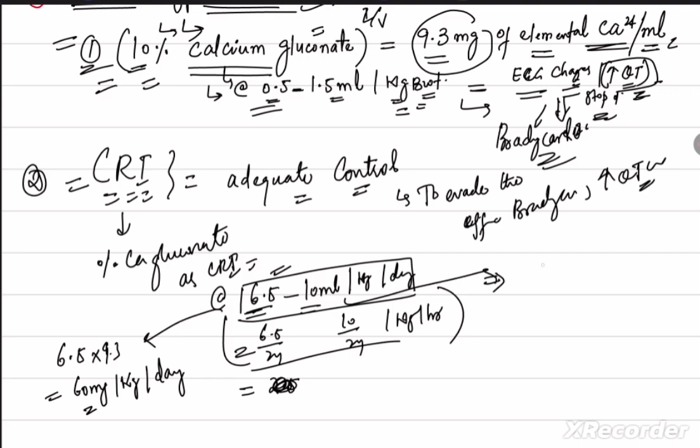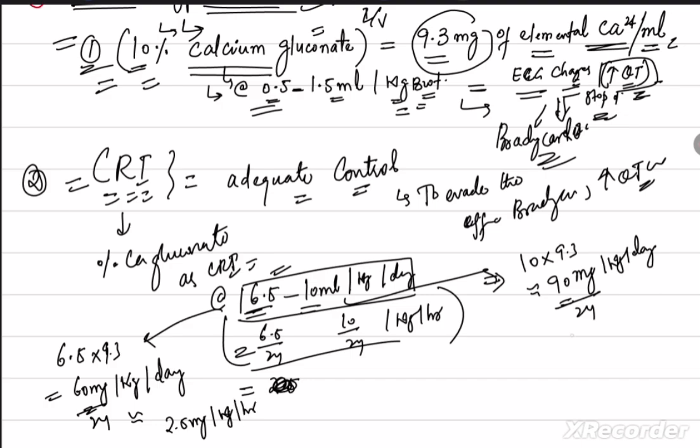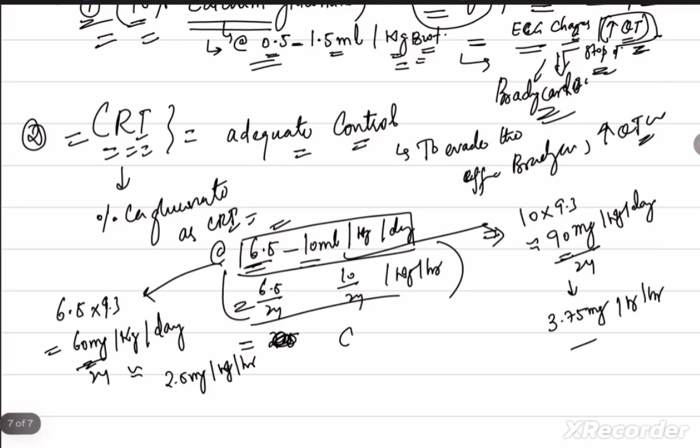Similarly, 10 ml multiplied by 9.3 is approximately 90 mg per kg per day. Dividing by 24 to get the hourly dose, it comes to approximately 2.5 mg per kg per hour and 3.75 mg per kg per hour.